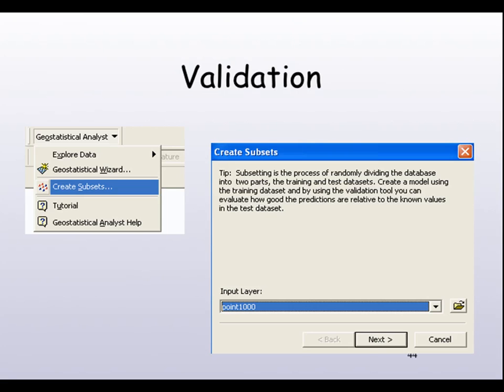You'd put it in a drawer. You wouldn't do anything with it initially, and you'd take the other 9,500 points and use that to create your model. And then after you're all done, you would take that training data set and the test data set. You would take the test to validate your information.